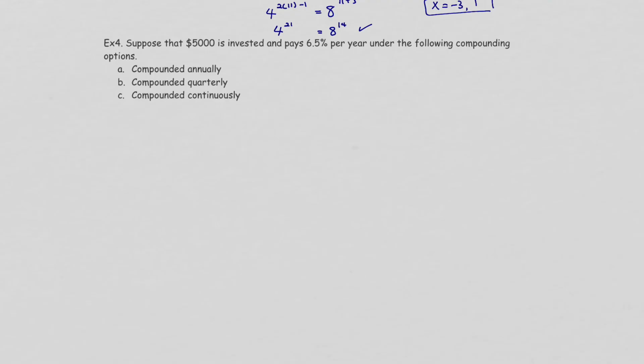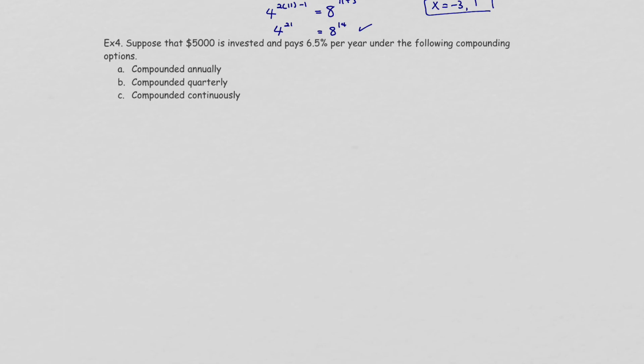So example 4, we are trying to understand the interest formulas, right? Once we understand the interest formula, then we should be able to use those interest formulas to find the exponents later on in the chapter.